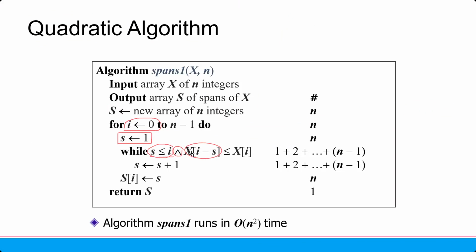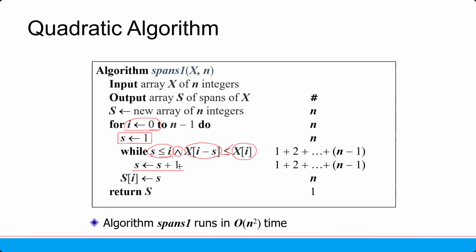X[i minus s], so the position of index 0 minus the s, is less than or equal to X[i]. Then we will do s plus 1.